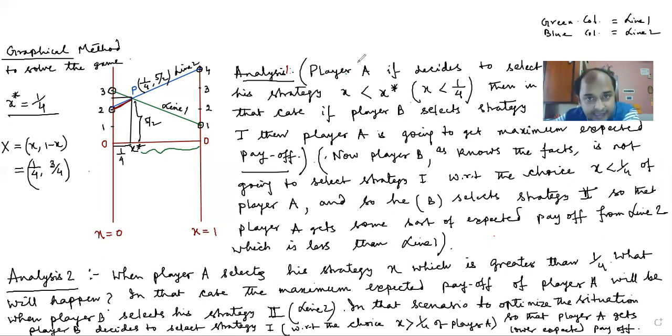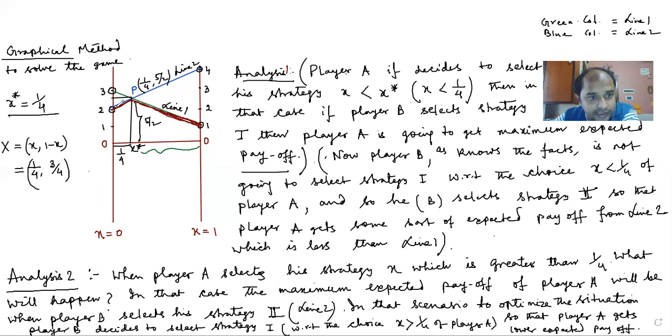And in that case, actually what is going to happen, we can expect, since both the players are clever to optimize the situation, we are going to get something from this part of the line.